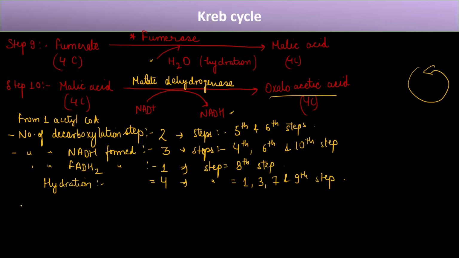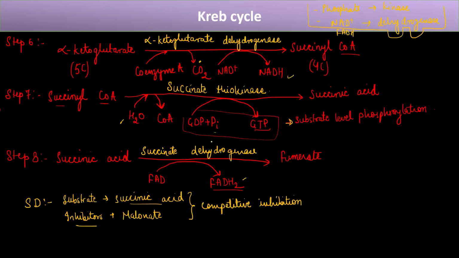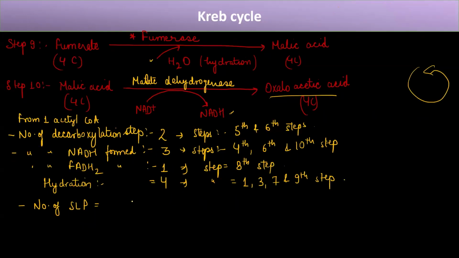Okay. So this is about the hydration. Now, one important thing, the number of substrate level phosphorylations, the number of SLP. Substrate level phosphorylation is happening only once at step 7, and the GTP that is formed is 1. So the number is 1, and the step is the 7th. Okay. So this is the summary of what we have seen.